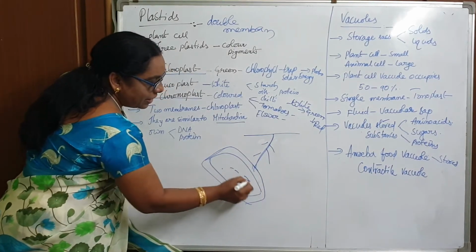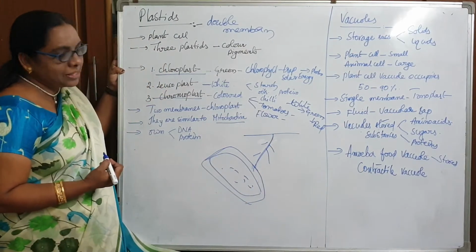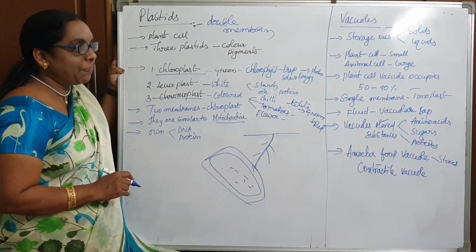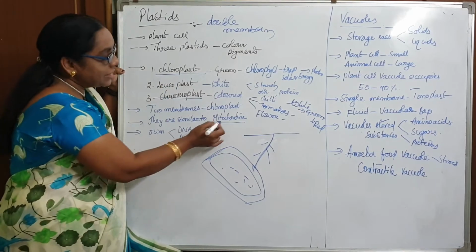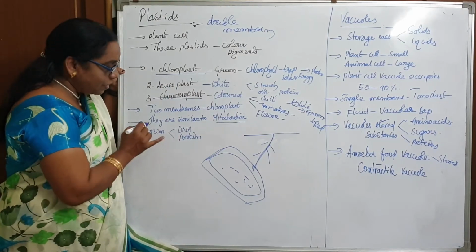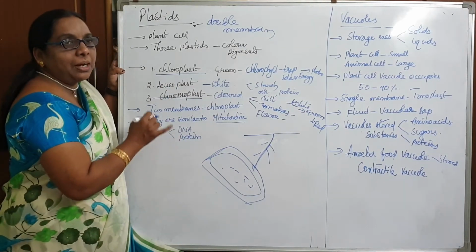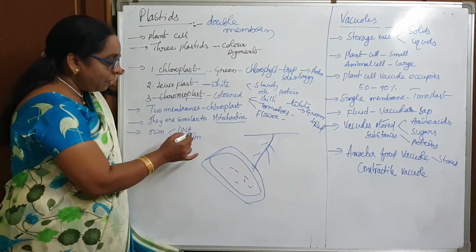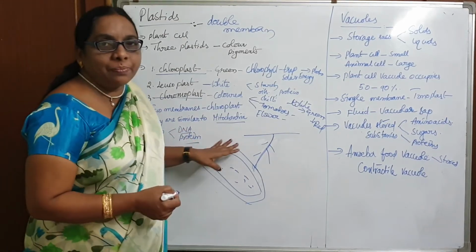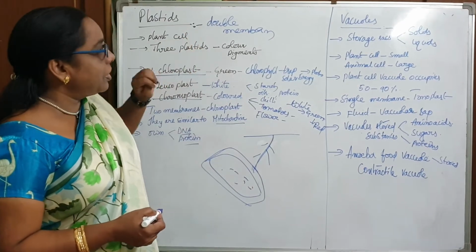The fluid content present inside we call the stroma. Similar to mitochondria, plastids also have their own DNA and proteins. Children, that's all about the plastids.